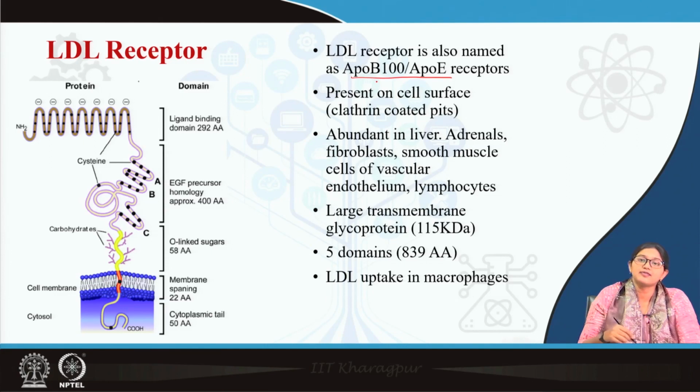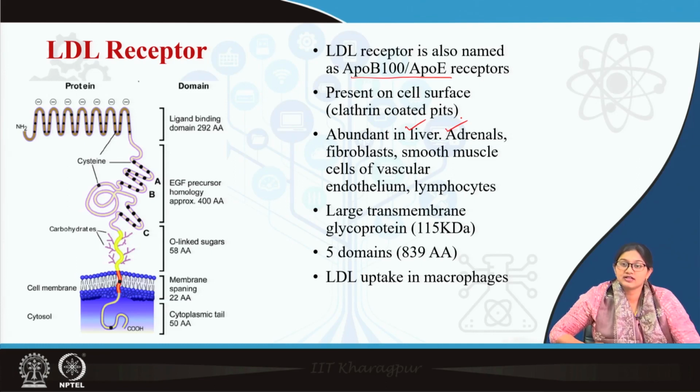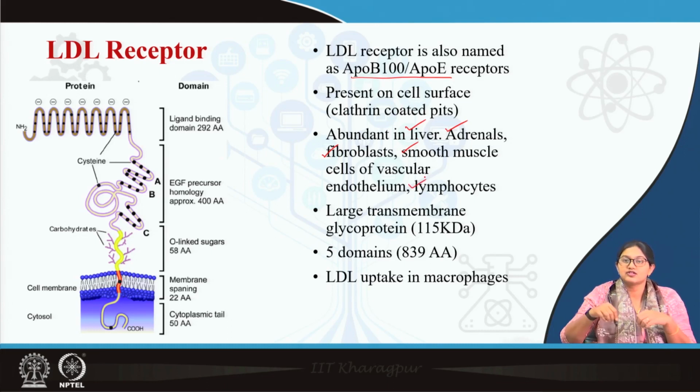Now, this LDL receptor is present on the cell surface of different types of cells, like liver mainly, then peripheral tissues like adrenal glands, steroid hormone synthesizing tissues like ovary, testes, fibroblasts, smooth muscle cells of vascular endothelium, and lymphocytes. In these cells, the LDL receptor is present over the cell surface in clathrin coated pits.